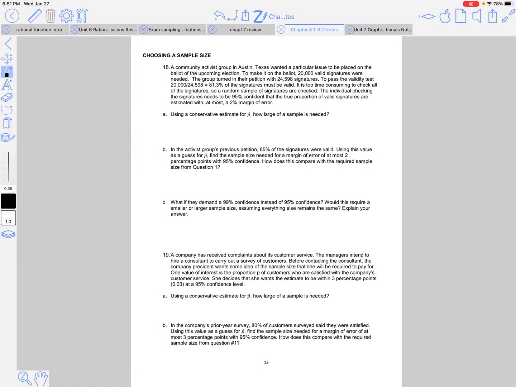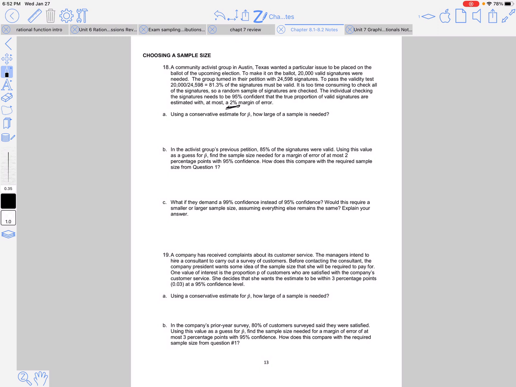But we've got to be within 2% to try to capture the true proportion. So ignore that percentage for right now. Sorry, I'm getting a little bit ahead of myself. But we want our margin of error to be at most 2%.